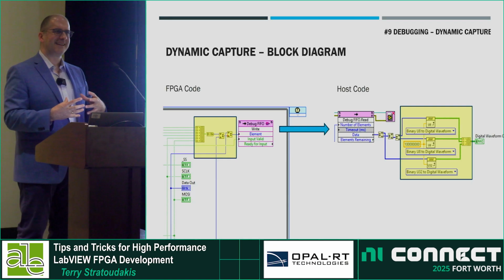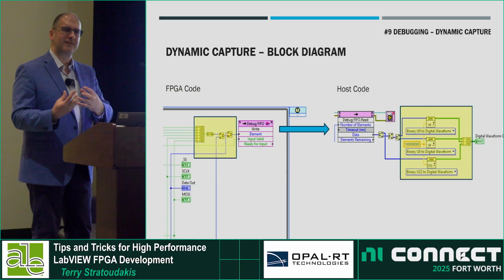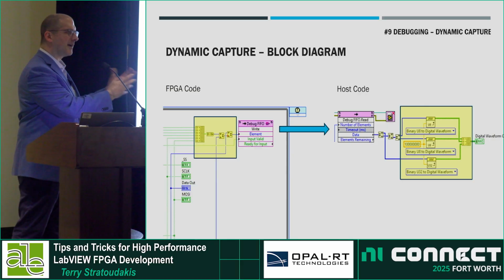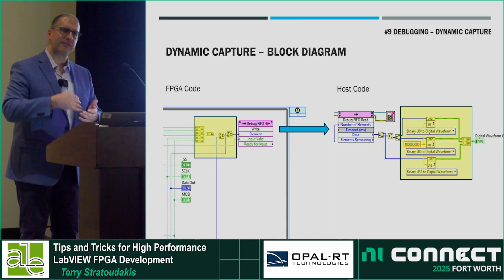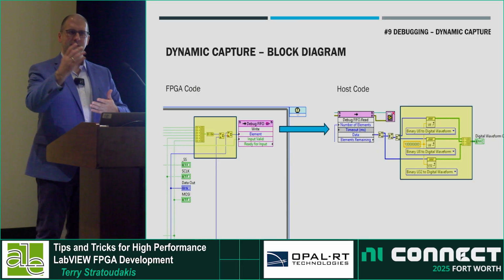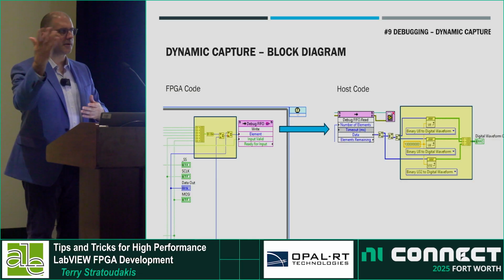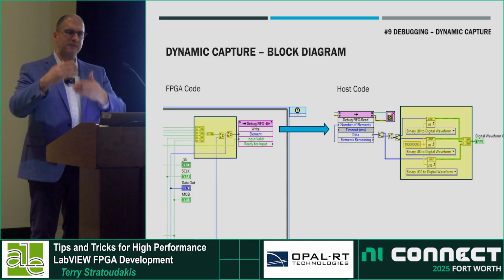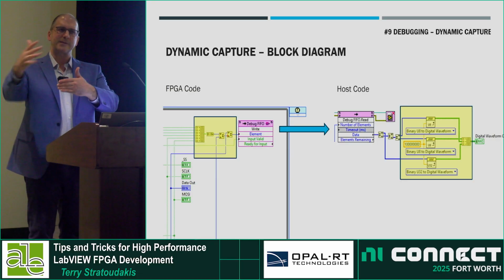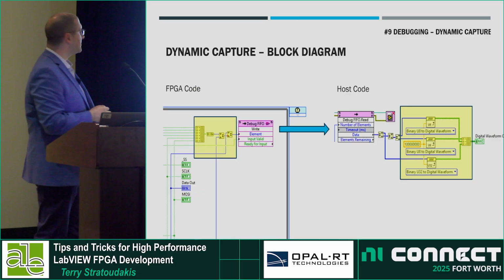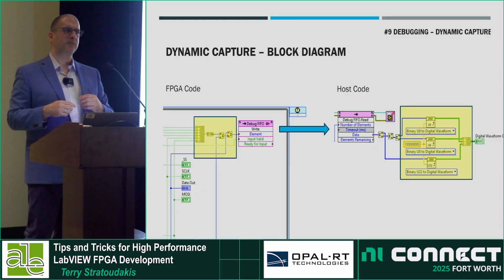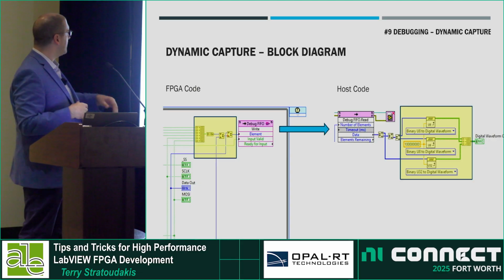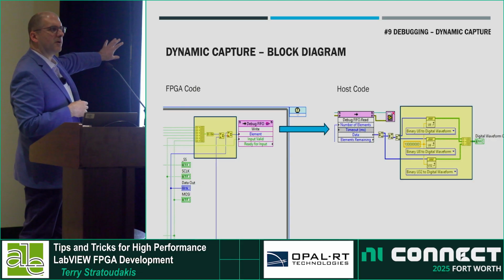The ILA is essentially a block memory that takes up some resources on the FPGA. You connect wires and signals to it, and that block memory is essentially a FIFO. It gets sent over to the host, and you receive data on a per-cycle basis as to what's happening. LabVIEW FPGA gives us those tools. You can make a DMA FIFO targeting the host and put that in your FPGA code.